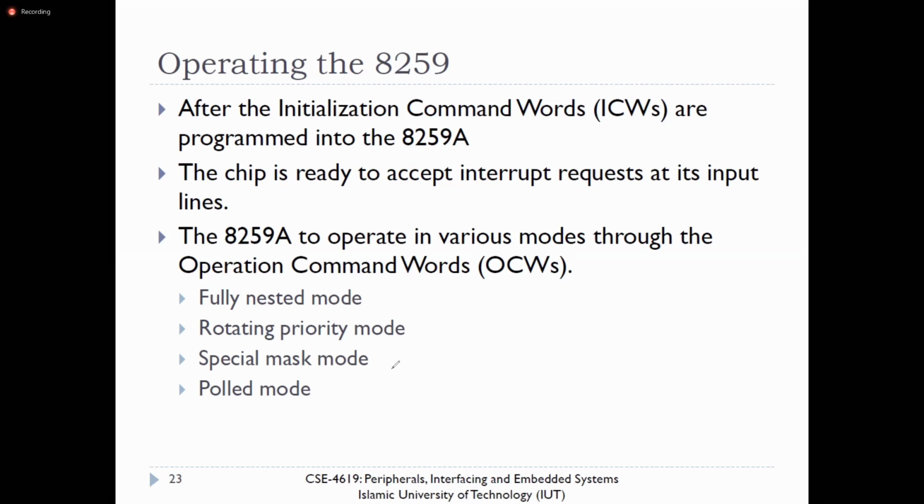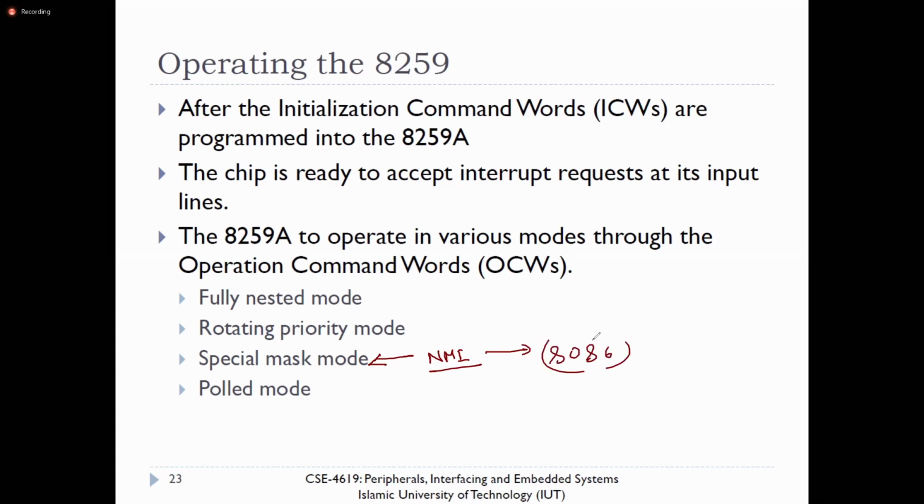Some special mask mode. Special mask mode means you know that we have NMI. So this is a special non-maskable interrupt, but it has the highest priority. Though it's a non-maskable interrupt, we have one specific pin, the NMI pin in 8086.